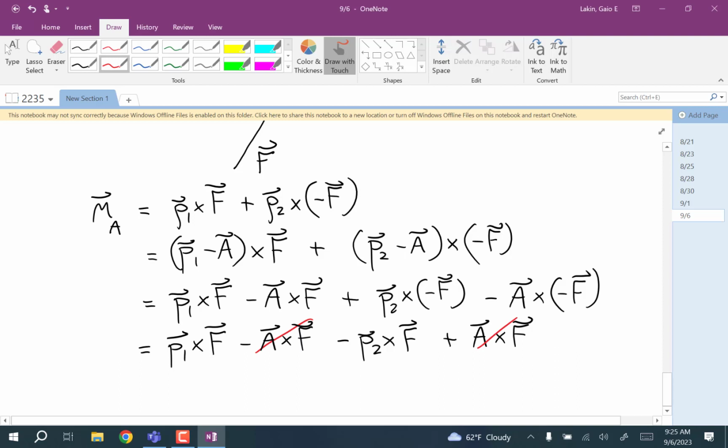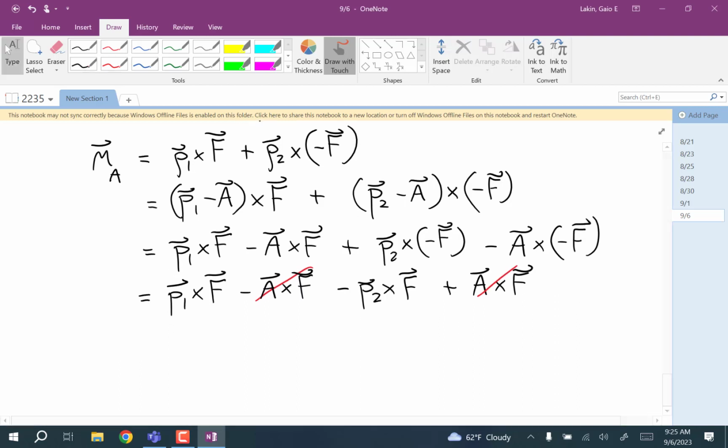So A is gone, and you're left with this sort of simple thing that says, notice for the moment now I'm taking out the dependence of A as the subscript because it just doesn't matter.